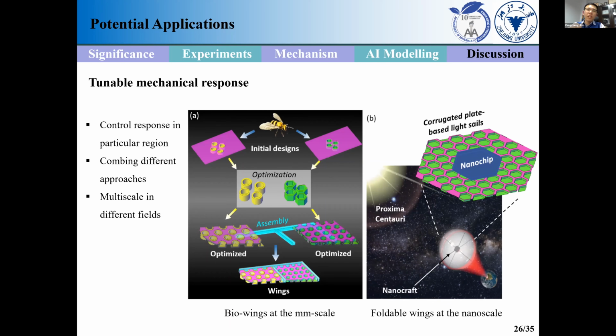They should be able to recover to the original shape, right? Should recover the full functionality. And the next application could be foldable wings at the nanoscale for space traveling.